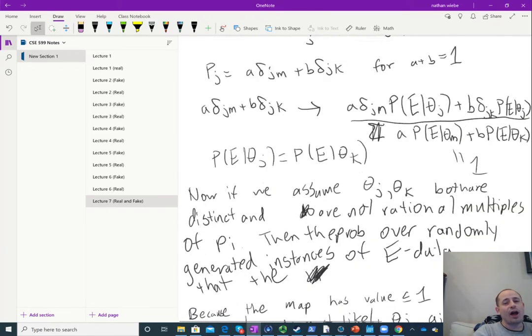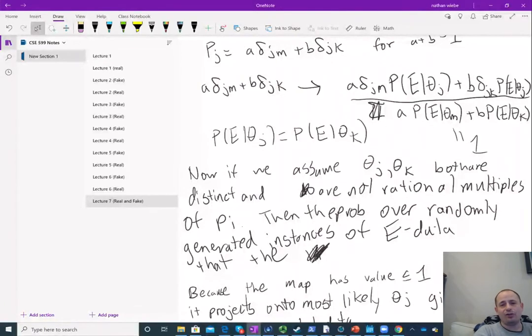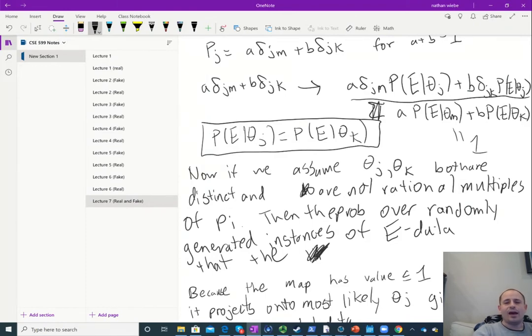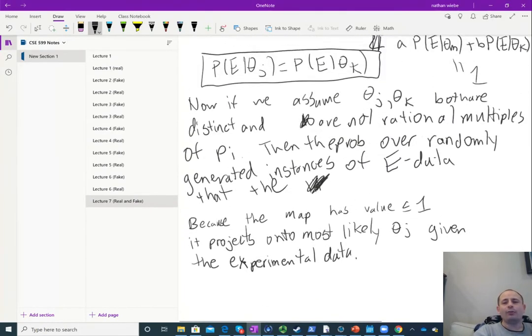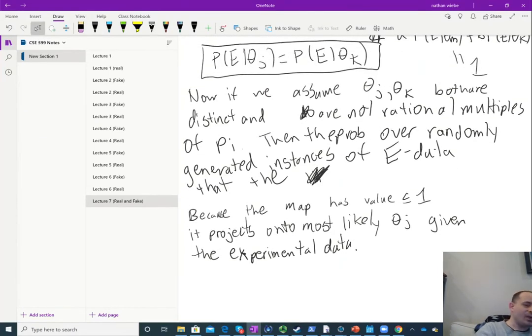Again, it's possible for others to be non-zero, but in order to end up getting a stationary distribution for this, we have to assume that both of those hypotheses yield the same probability, i.e. theta j is equal to theta k. And now if they are not rational multiples of pi, and they're distinct numbers, that can never happen.